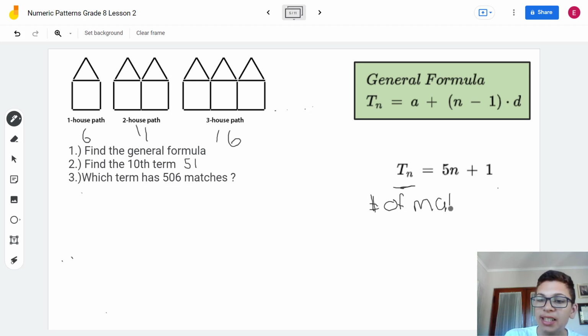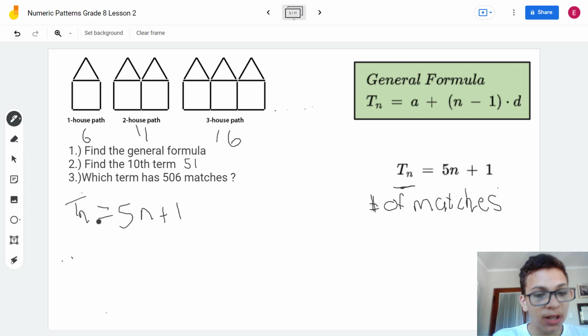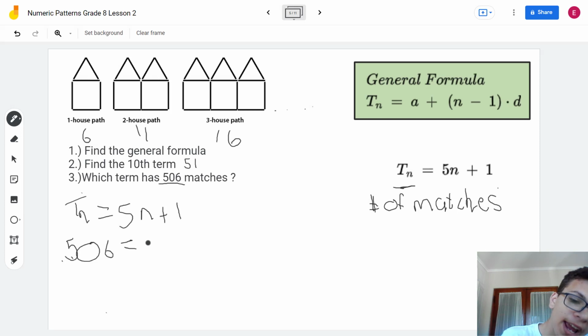Now they actually give you the answer. They give you the output. So when you have Tn equals 5n plus 1, again, we're using the general formula. Which term has 506 matches? Well, our output is 506. So we say 506 equals 5n plus 1. And now we're actually solving for n.